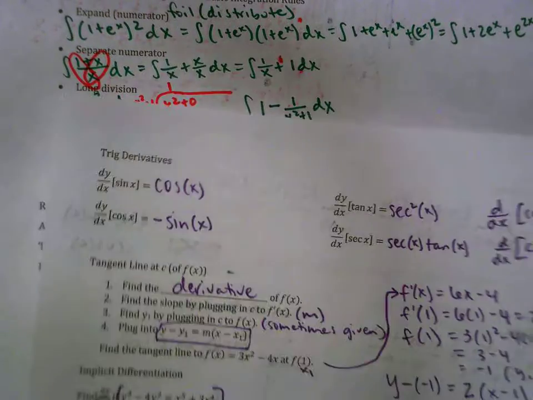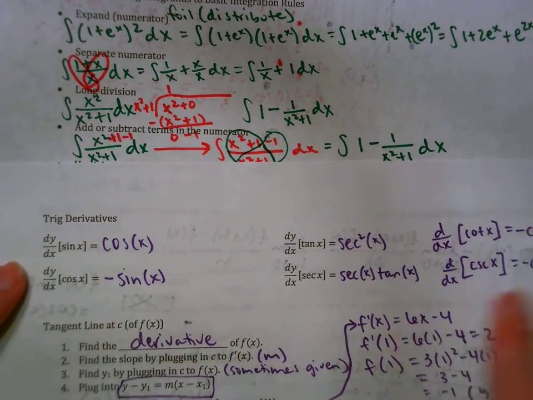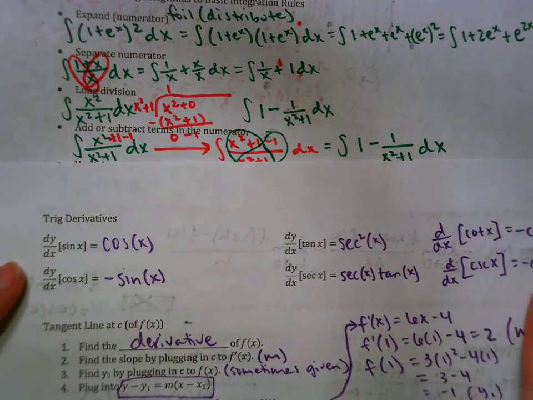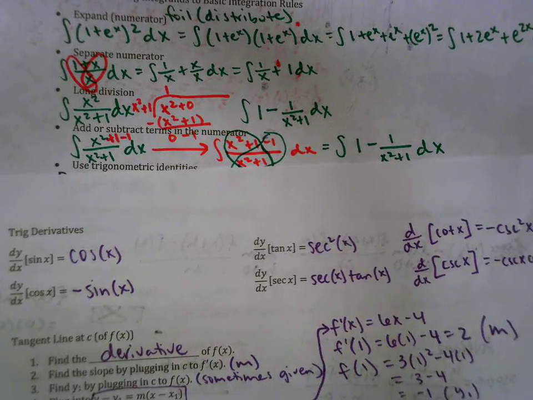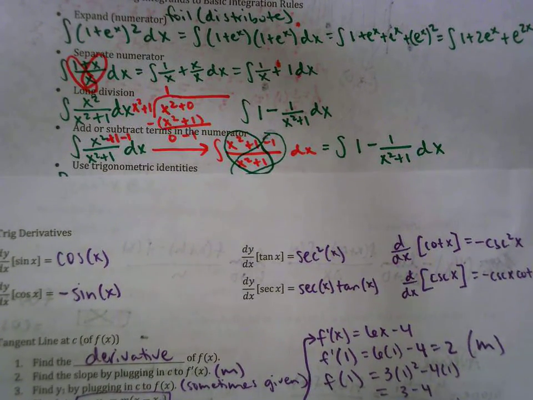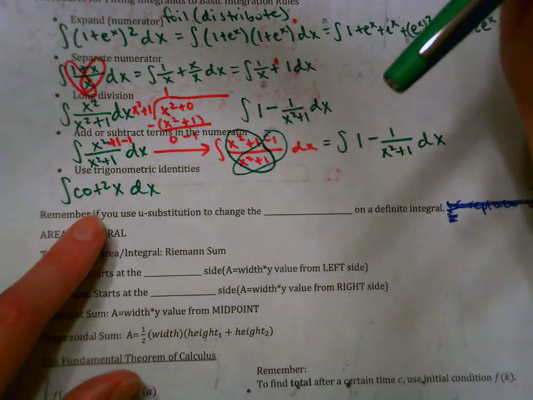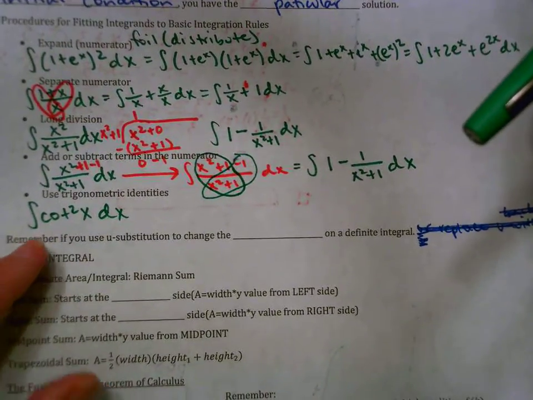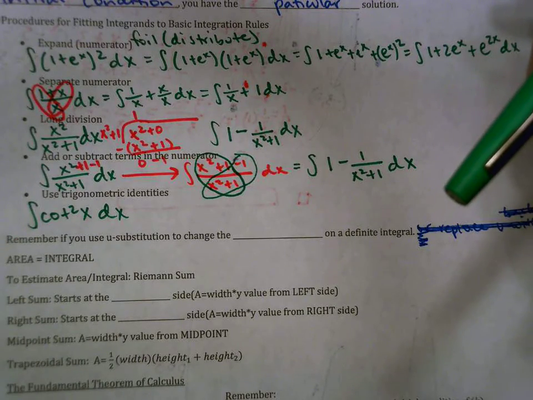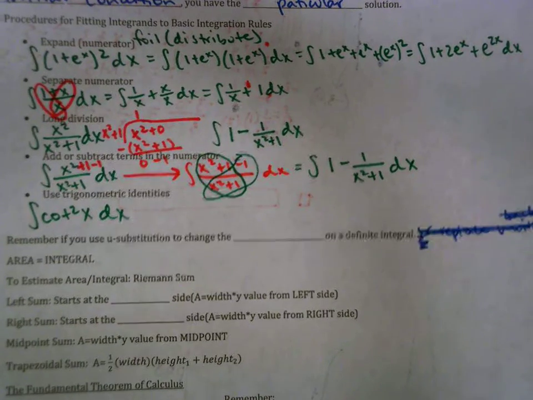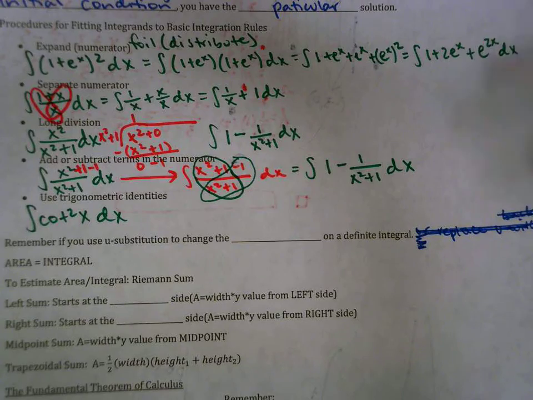Well, if we look at these trig derivatives, cotangent squared isn't one. So we think, can we use a trig identity to get this to be something we know how to take the integral of? And again, I highly doubt this will come up, but just in case, if you know those basic ones, the integral of cosine and the integral of sine, you'll probably be fine.